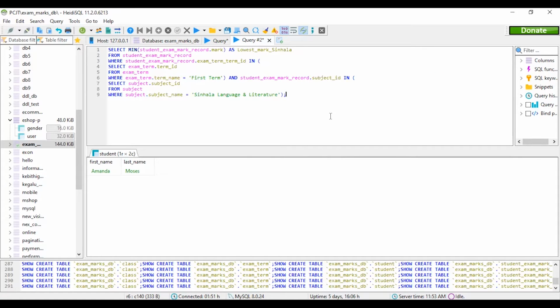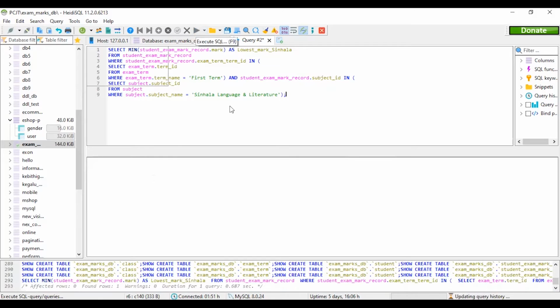So we have the query like this for the first question, and let's execute this. So we have the result for this query like this. And let's move on to the second question.